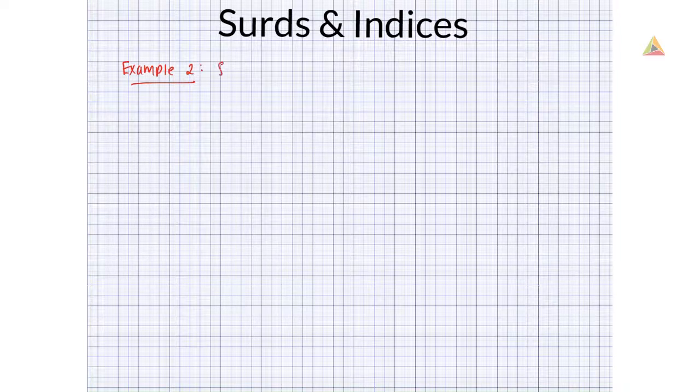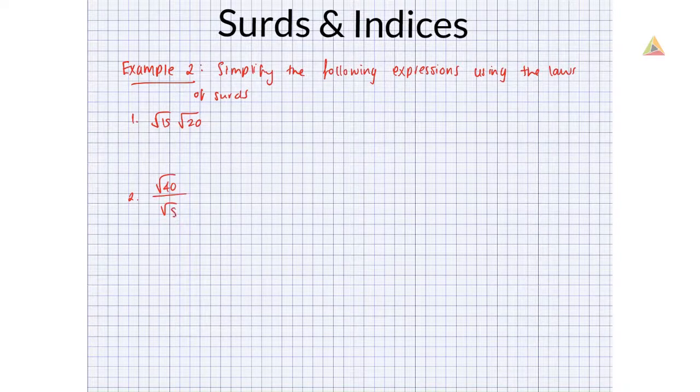So the question is to simplify the following expressions using the laws of surds. So the first one there is root 15 by root 20. The second one is root 40 over root 8.